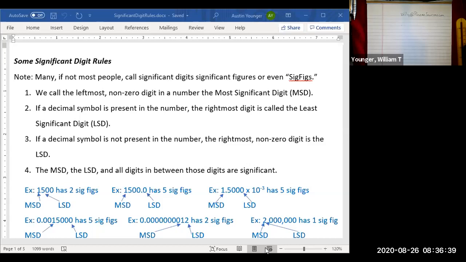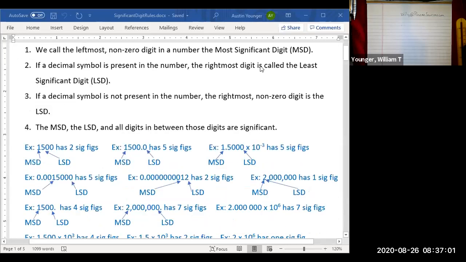If a decimal is present in the number, then the rightmost digit, period, is called the least significant digit, or the LSD. If a decimal symbol is not present in the number, the rightmost non-zero digit is the LSD. And then finally, the rule is that the MSD, the LSD, and everything in between those are significant digits.